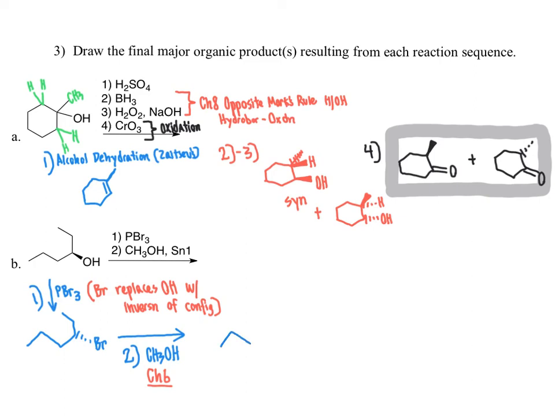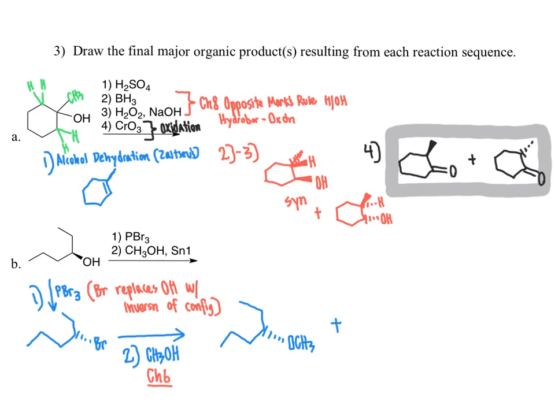You should be very happy to draw out the mechanism for that type of process. We've talked about nucleophilic substitution type reactions a lot this semester, so it's definitely a mechanism that is important.